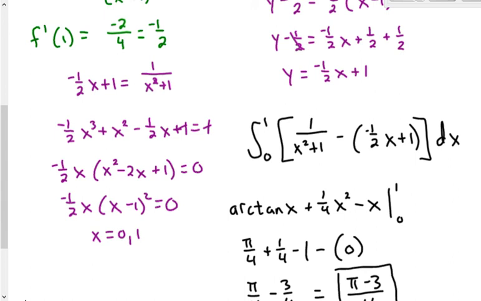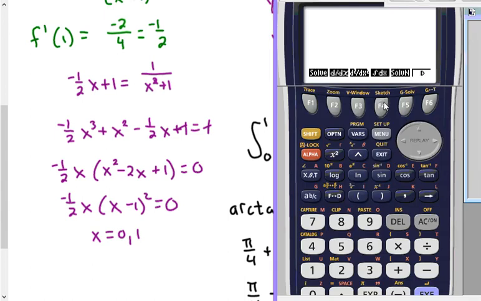Again, I go to Options, Calculate, Integrate, and then I do 1 divided by x² plus 1, and then I subtract the -0.5x plus 1. Tell it to start at 0 and go to 1.